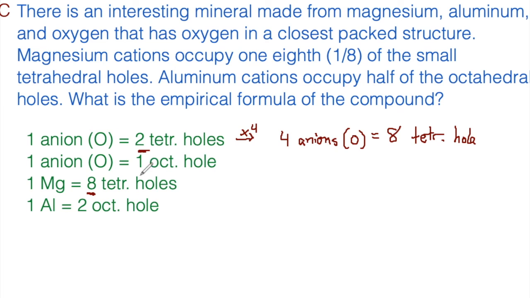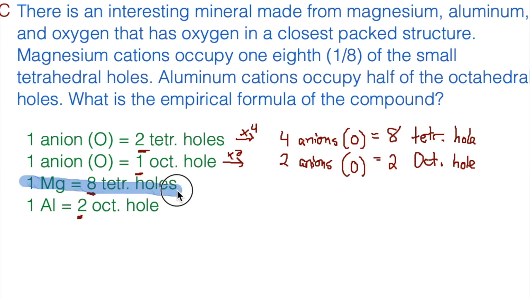And then I'll try to match the octahedral hole and see how that comes out. We're going to multiply this by 2. So we have 2 anions for every 2 octahedral holes. And those anions, remember, are oxygen. All right, so we have these 2 matching. We have the magnesium and the oxygen set to match the ratio where there's 8 tetrahedral holes.